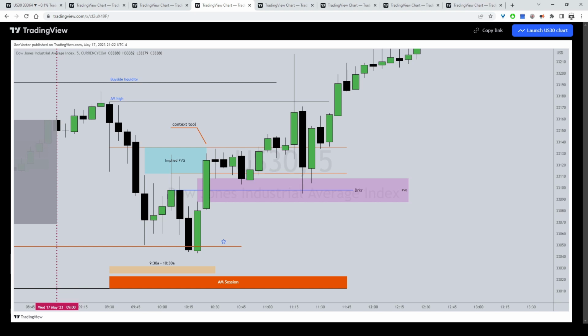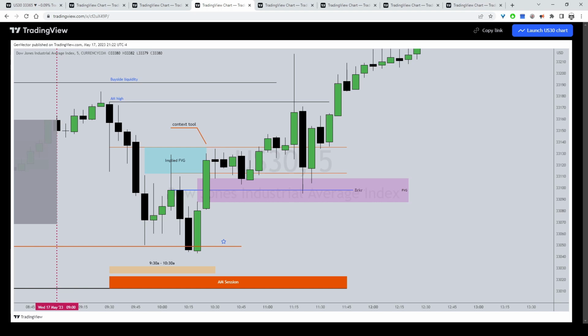So in this case, this context tool is just a marker of an area where price might work its way into and then continue bearish, or work its way into and potentially flip. That's right here in the middle. Implied fair value gap is a 50% of the long wick on either side of a bold face candle.